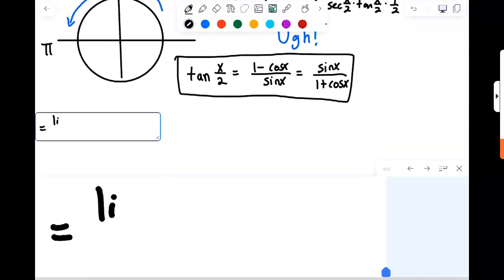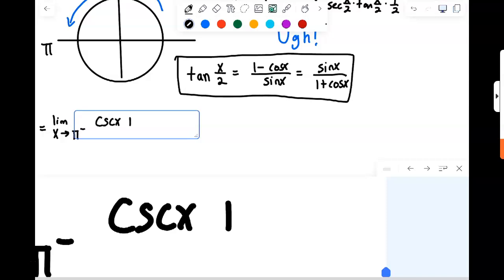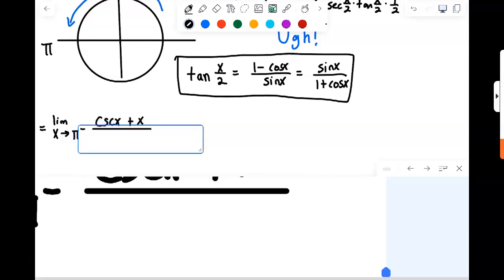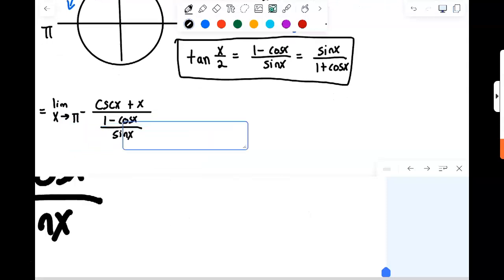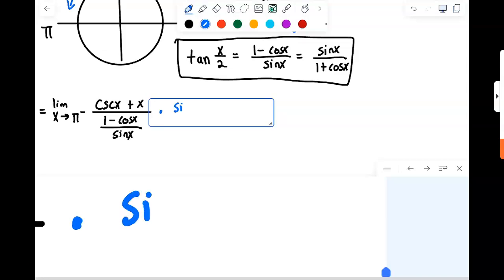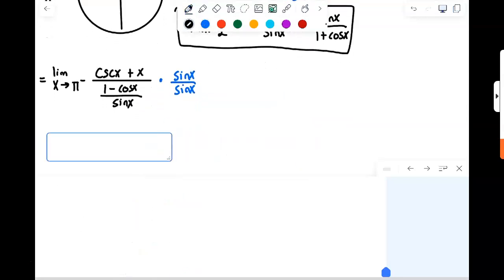So, limit as x approaches pi from below of cosecant x plus x now over 1 minus cosine x over sine x. I have that complex fraction there, so I'm going to multiply both top and bottom by sine of x. Okay, and watch how that's going to transform things for me.